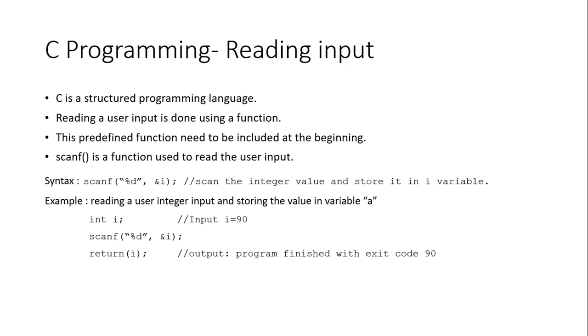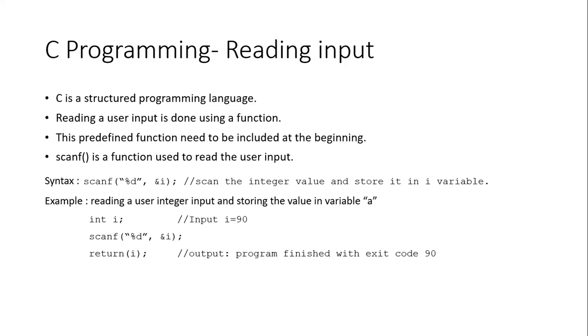If you see the example over here, int i, there you're declaring i as a variable. You're just declaring it, you're not assigning anything. Then scanf is the function you're using for reading.